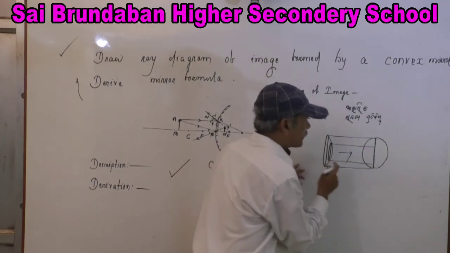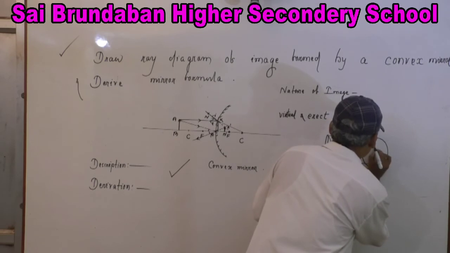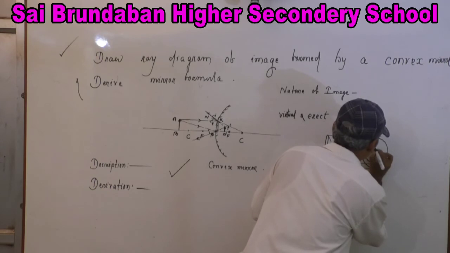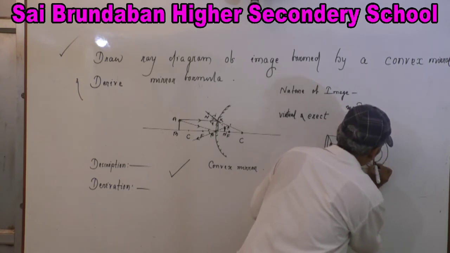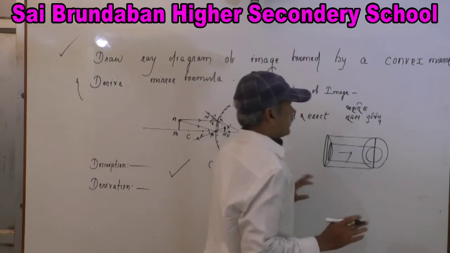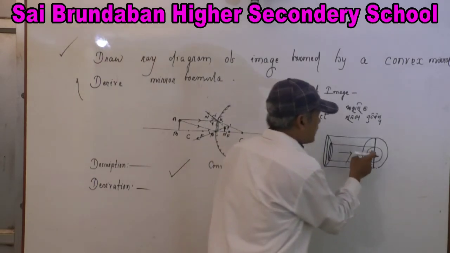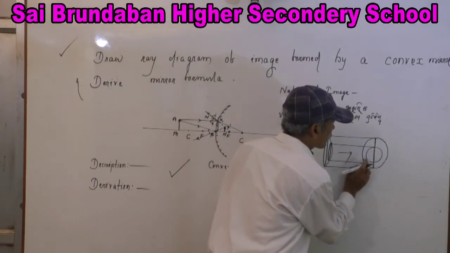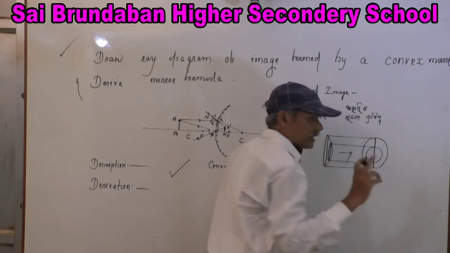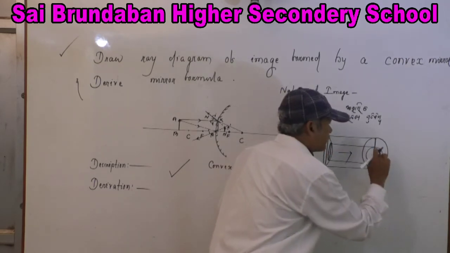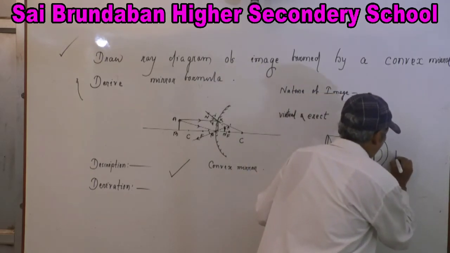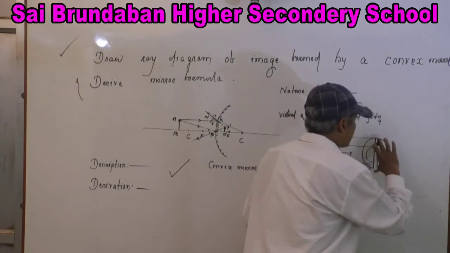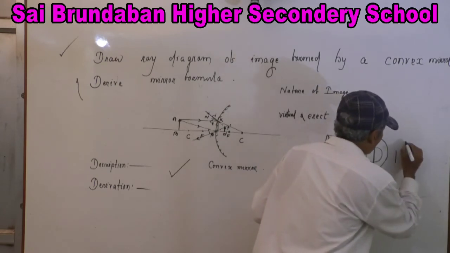This is the side view. You see, in this case the diameter of the outer edge is this much. In this case, the diameter of the outer edge is this much.